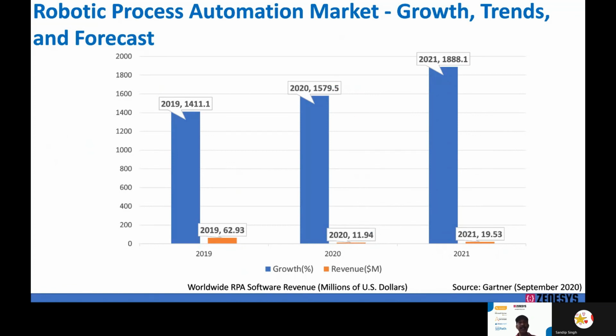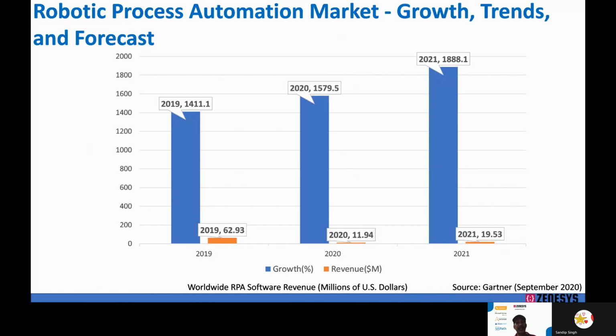Now, if you look at the statistics, what the trends are from the past and where this is going to go in the future, I have here worldwide revenues in US $1 million and growth in percentage. As you can see, in 2019 the overall revenues were 1,411.1 million US dollars, and the growth from the previous year was 62.93%.